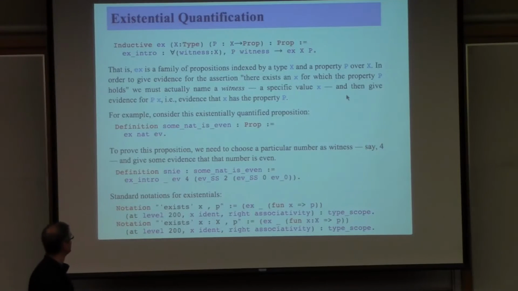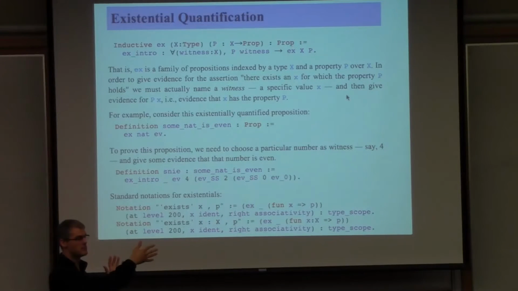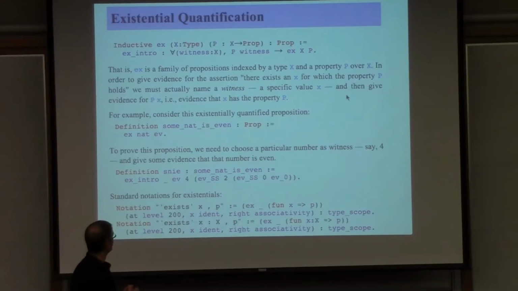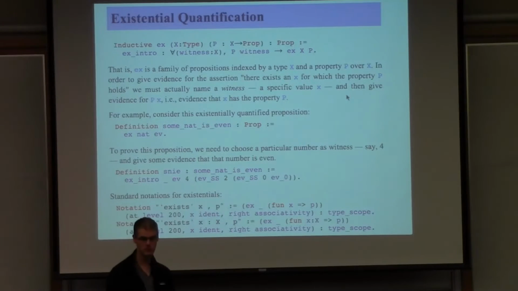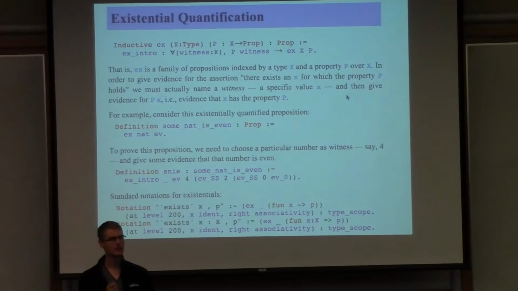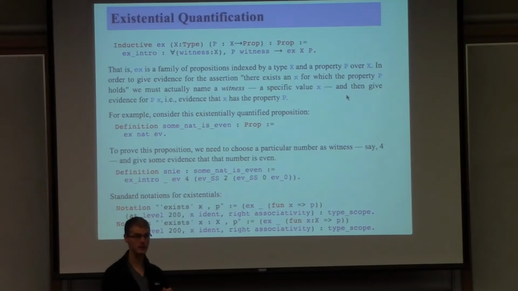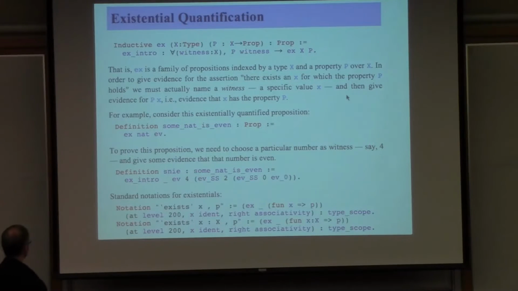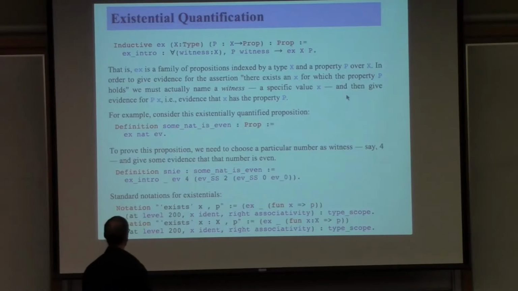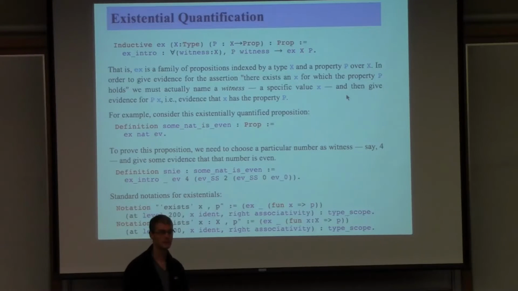Looking at the first line, X is the type of the witness. So this is for some number. So X there is number. And then P is the proposition about numbers in which X may occur. So that's the parameterization over X. Yes?